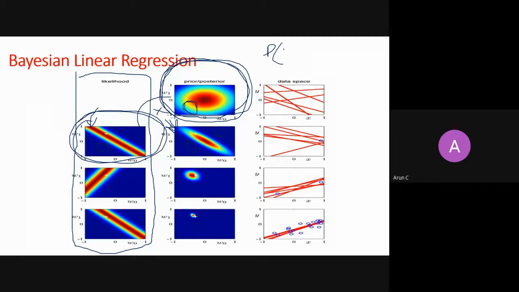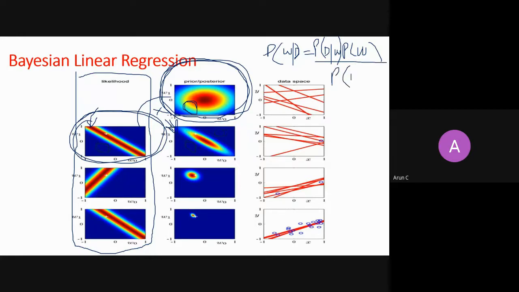the probability over my parameters for given data is nothing but the probability of the prior multiplied by the probability of the data given the parameter, that is the likelihood, upon the probability of the data.